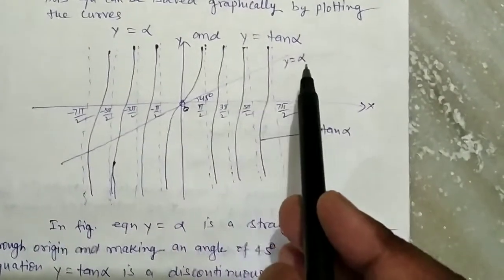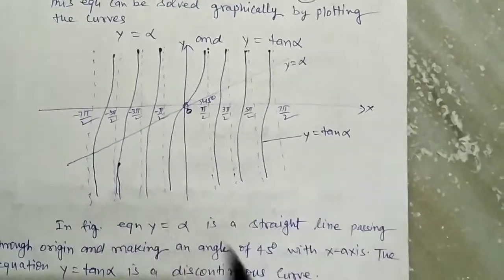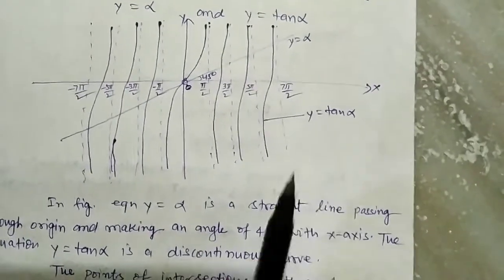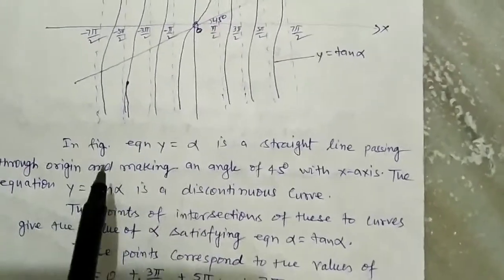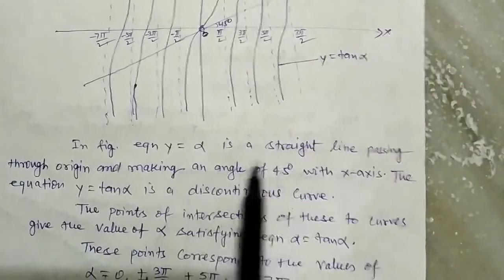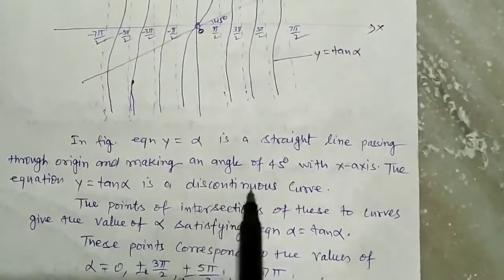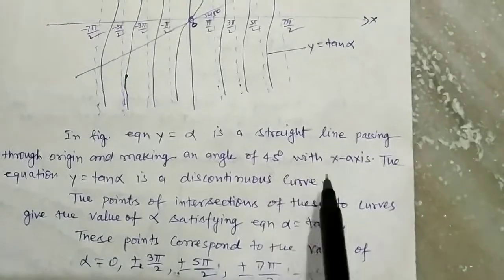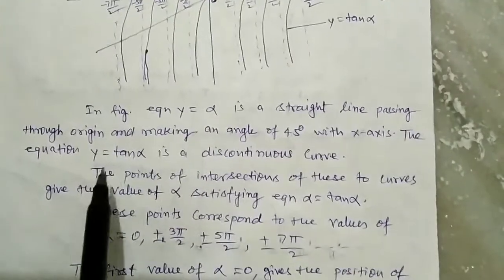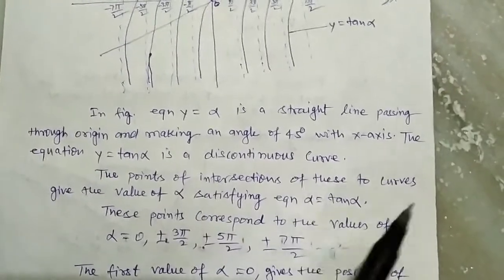It is y is equal to alpha, and these discontinuous curves are y is equal to tan alpha. In this figure, the equation y is equal to alpha is a straight line passing through origin and making an angle of 45 degree with x-axis, as I told you. The equation y is equal to tan alpha is a discontinuous curve.